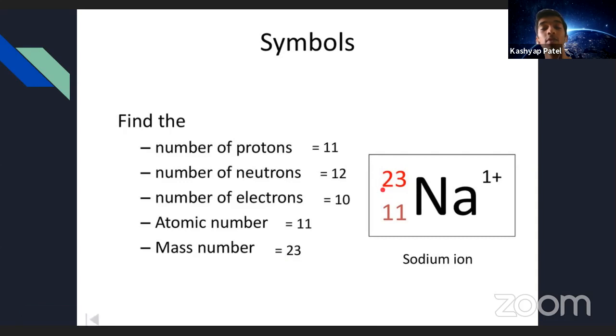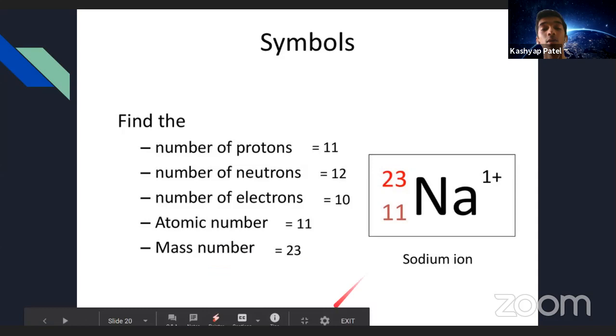And the number of electrons is 10 because we see plus 1 here. And that means that it has 1 more proton than electrons. So this is an overall image of what we learned today.